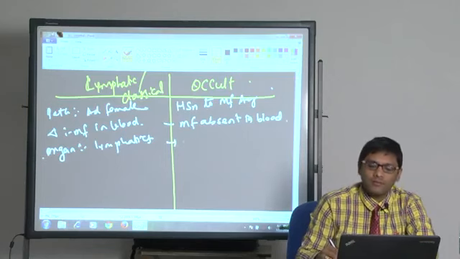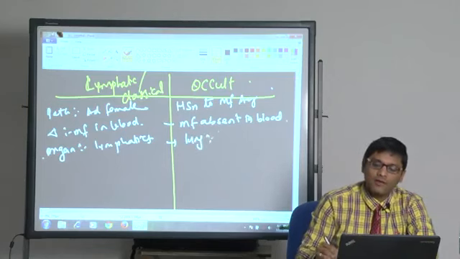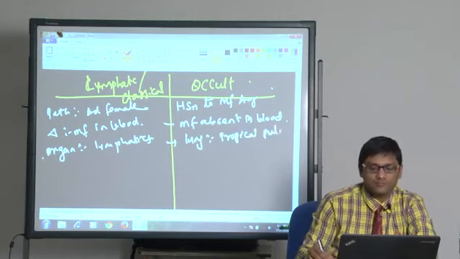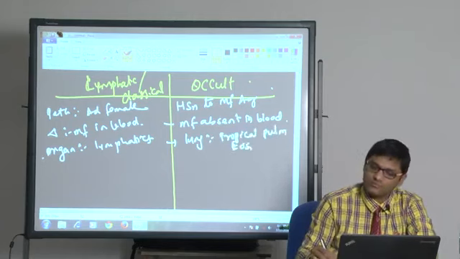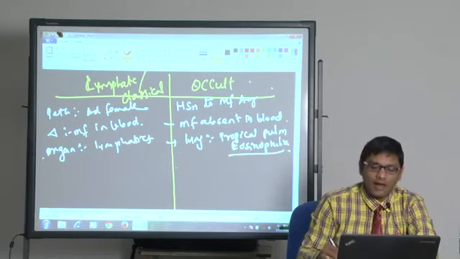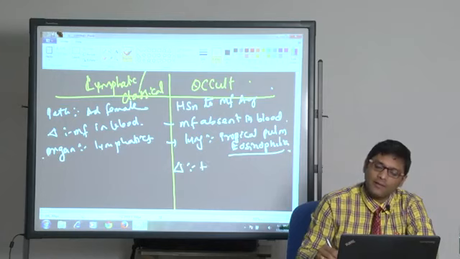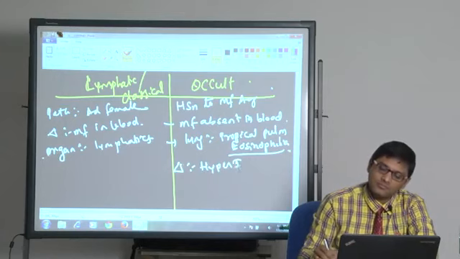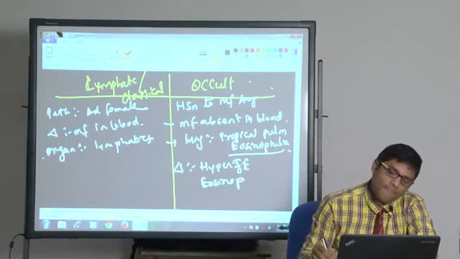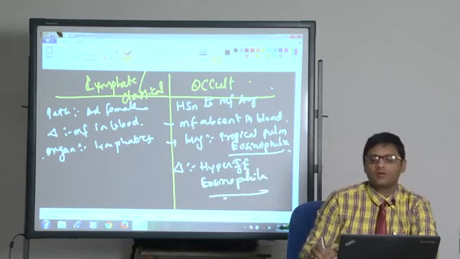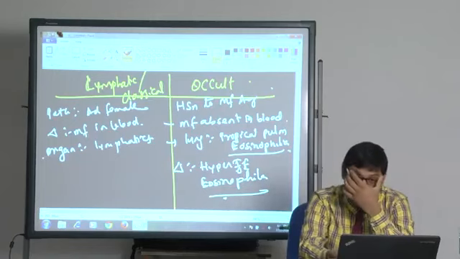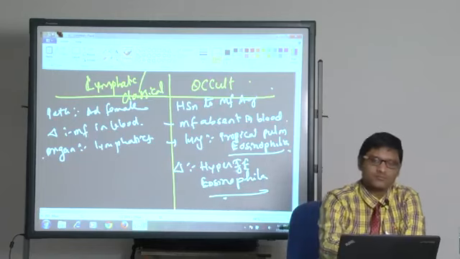The organ affected, most commonly the lung, is where it is called tropical pulmonary eosinophilia. And here diagnosis is done by hyper IgE and eosinophilia. These two are the diagnostic features.